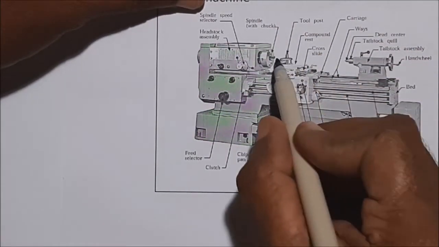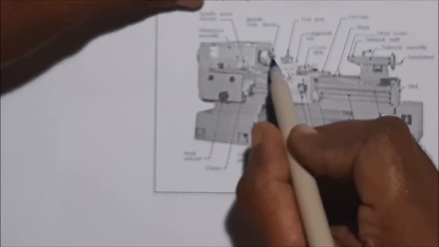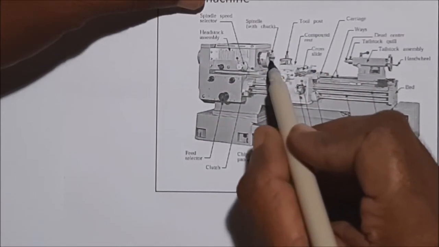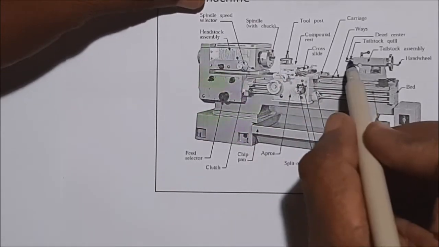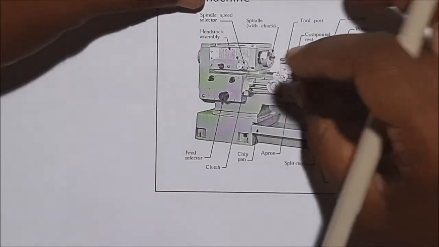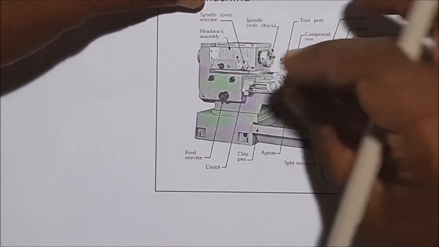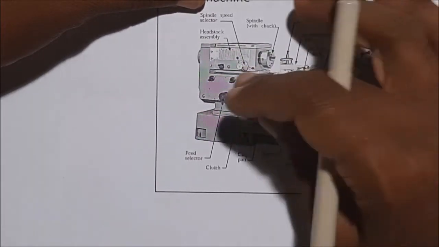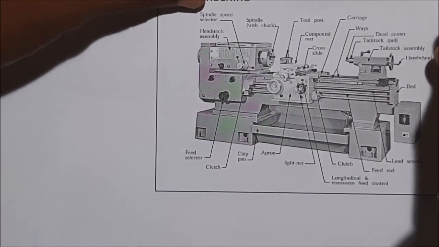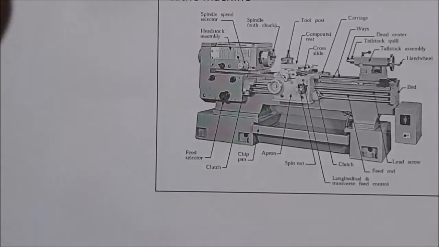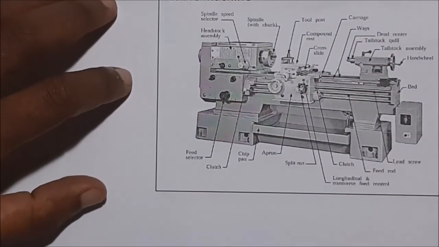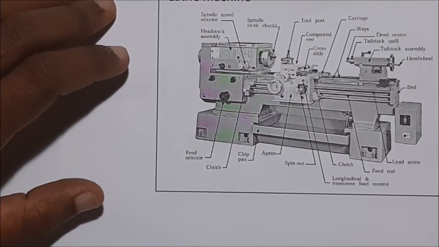The workpiece is mounted in between these two centers: the lathe chuck, spindle center, and the tailstock center. Then this is called the carriage. It also has thread cutting capability, so it can be used to cut threads. Mostly it's used to machine metal workpieces.